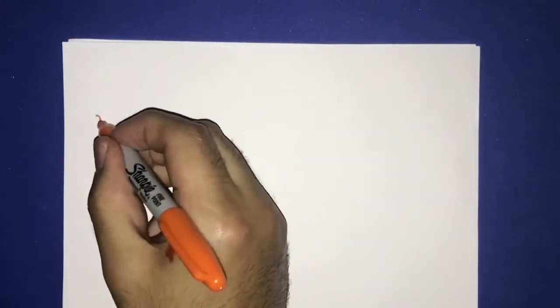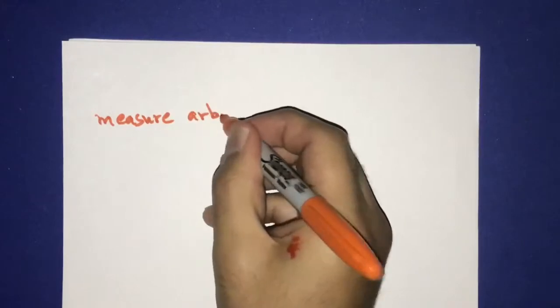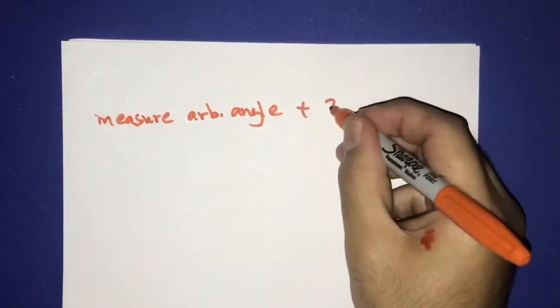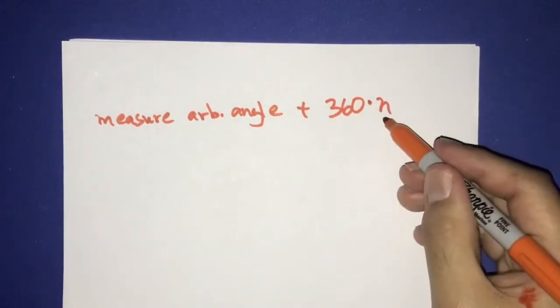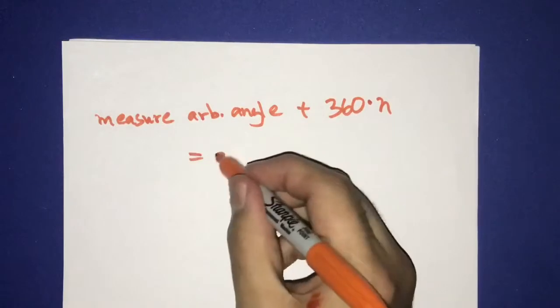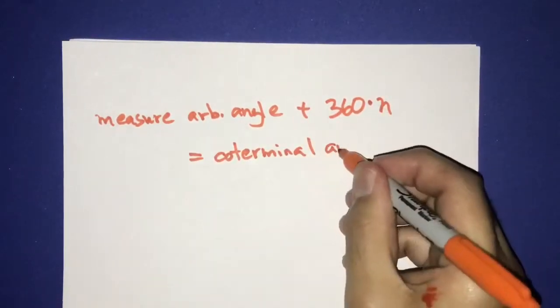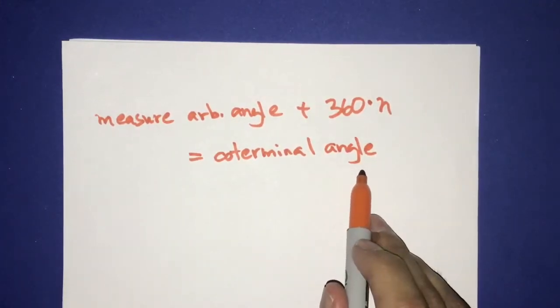So we're going to get the measure of an arbitrary angle plus 360 degrees times any integer multiple. That's just going to produce a coterminal angle of any arbitrary angle.